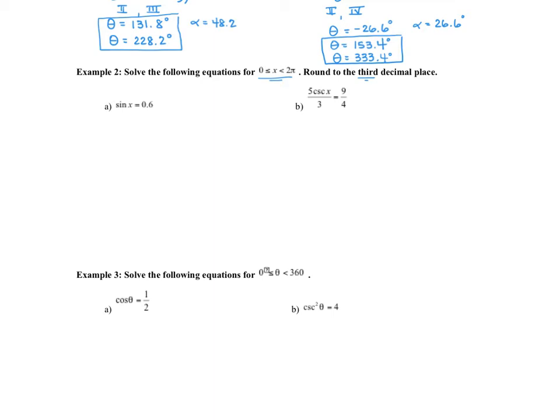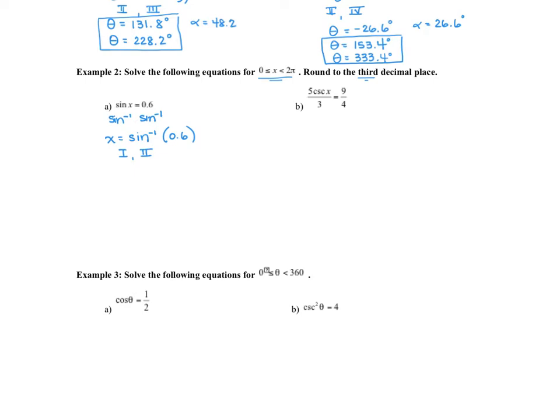And to isolate the variable, I'm just going to take the inverse sine of both sides. So I'll get x equals the inverse sine of 0.6. In radian mode, right, on our calculators, we know that the sine is positive in quadrant 1 and quadrant 2.